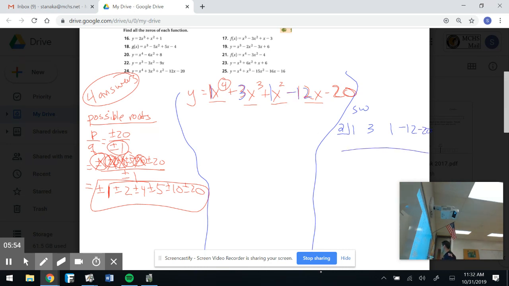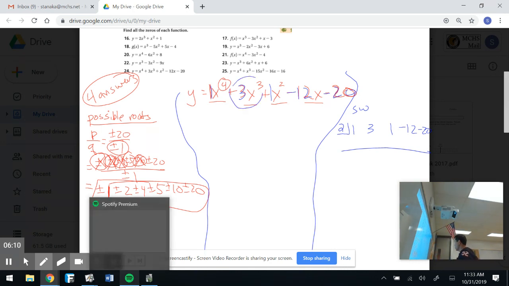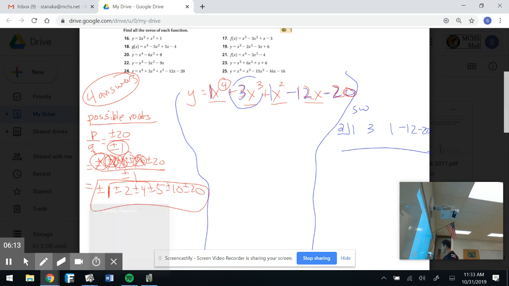Now remember, I have x to the 4th, x to the 3rd, x squared, and x to the 1st. If I was to skip any of those, let's say that 3x cubed wasn't there, you'd have to put a 0 in for that when you do synthetic division.